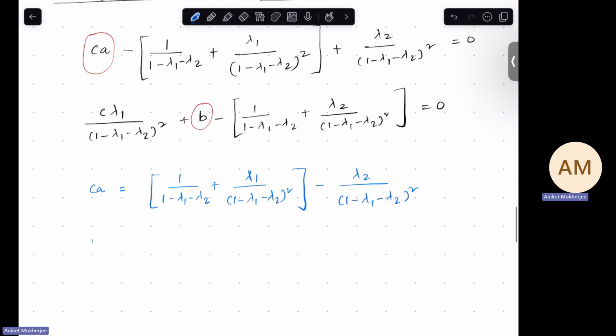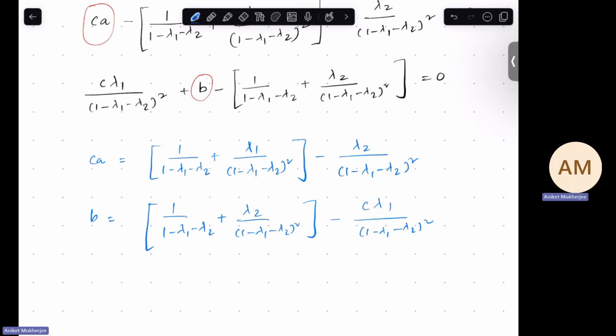Right. Similarly, B equal to 1 by 1 minus lambda 1 minus lambda 2 plus lambda 2 by 1 minus lambda 1 minus lambda 2 whole square minus C lambda 1 by 1 minus lambda 1 minus lambda 2 whole square.